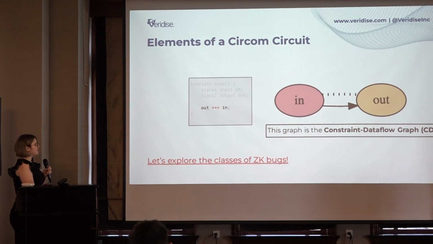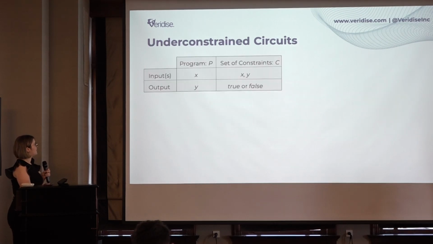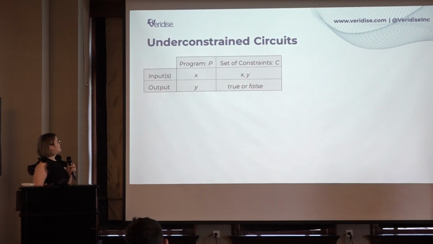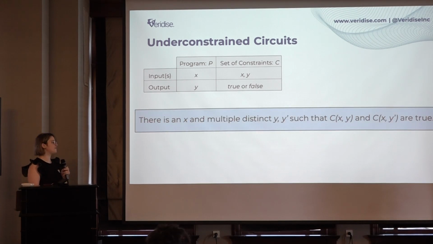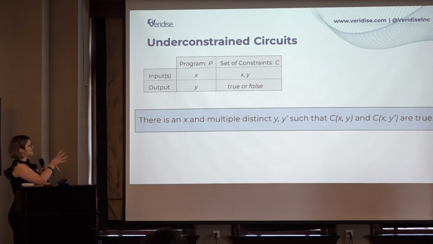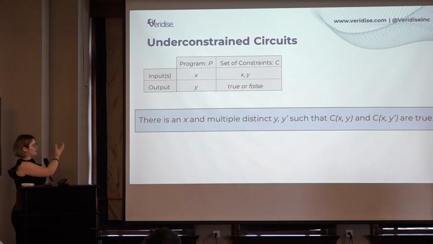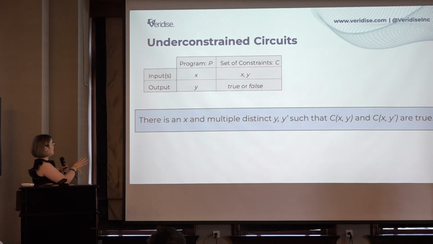So based on this internal representation, let's explore some classes of bugs. We mentioned previously these under constraint circuits. And in fact, this type of bug is highly related to the equivalence between the prover and the verifier.